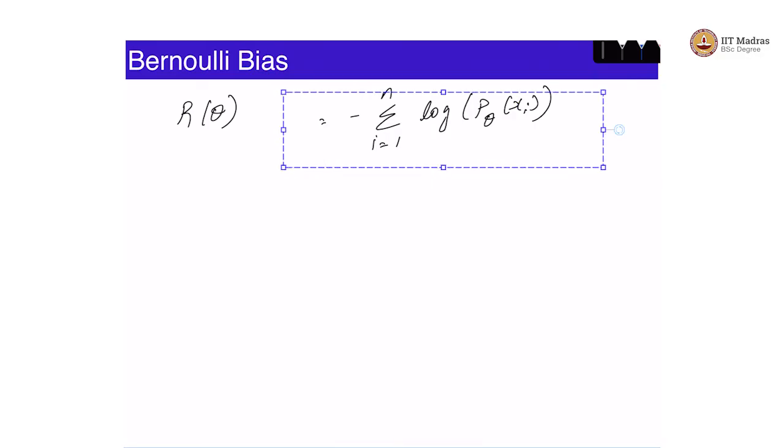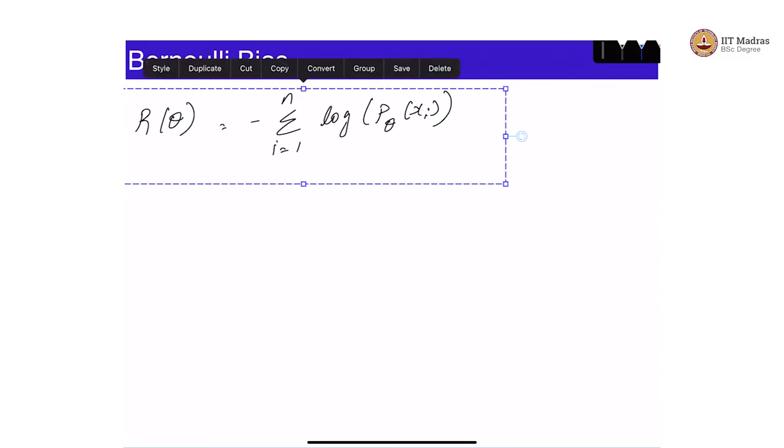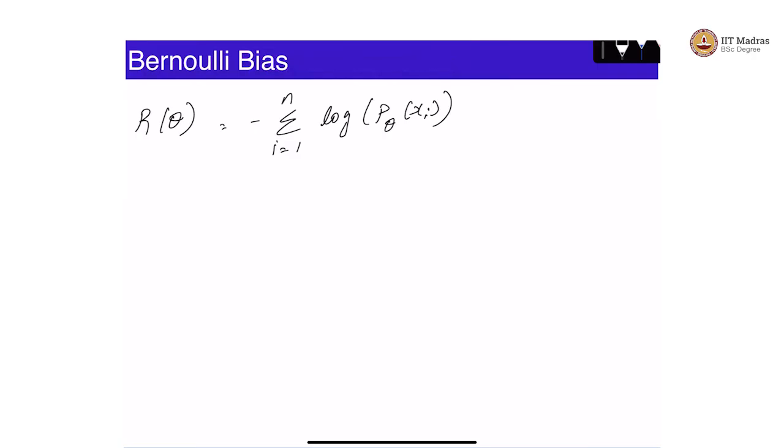I'll move this a little bit to the left. So let's go ahead and simplify this further. This is minus sum over i equal to 1 to n of log of theta power xi into 1 minus theta power 1 minus xi. And you can immediately see why we did this, because log nicely decomposes products.